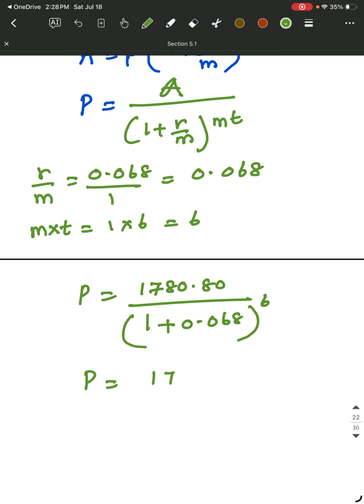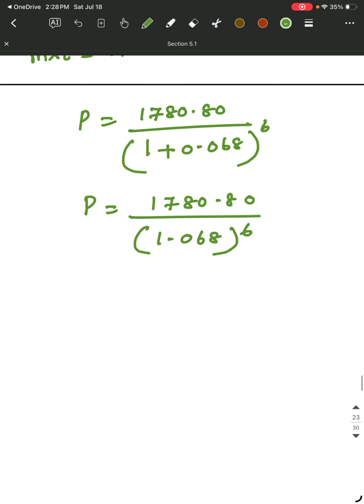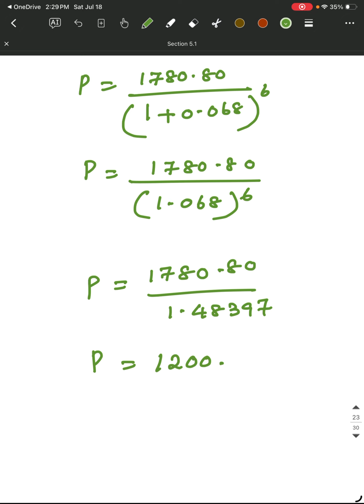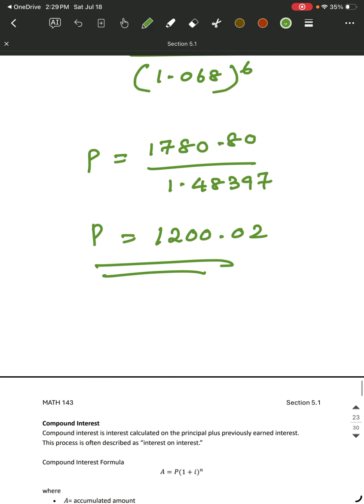So 1.068 to the power 6 is 1.48397. So the principal amount would be 1780.8 divided by 1.48397, which is 1,200, approximately $1,200. So the principal amount is $1,200.